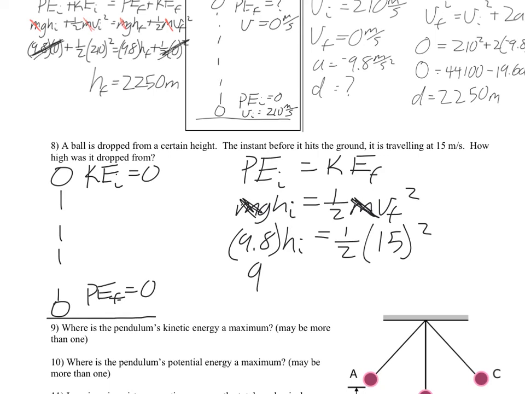So we have 9.8 times our initial height equals 15 squared is 225, and half of 225 is going to be 112.5. Divide both sides by 9.8, and we get about 11.5 meters.